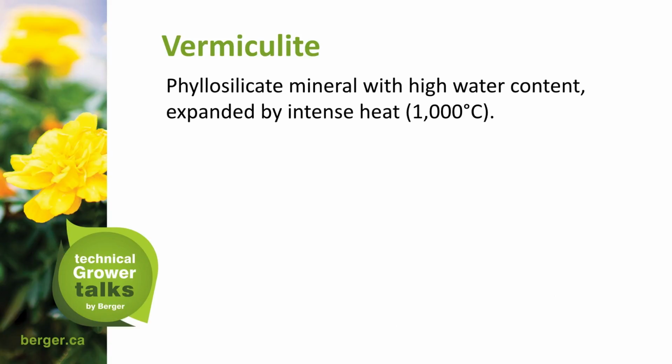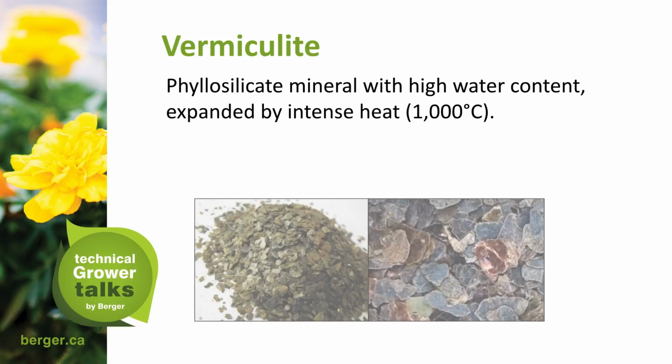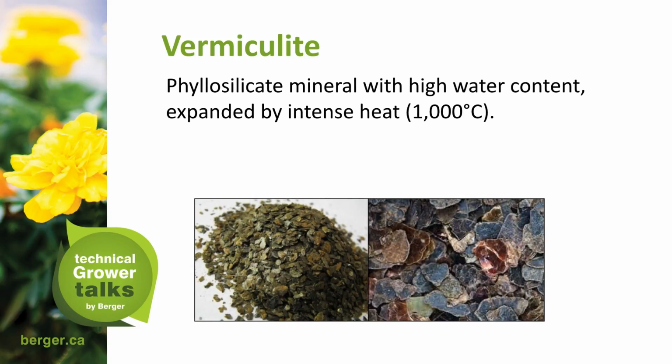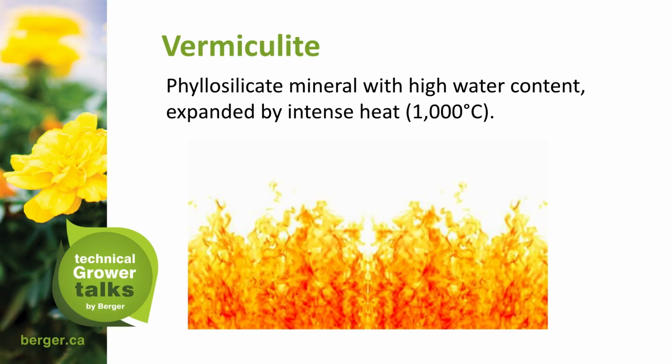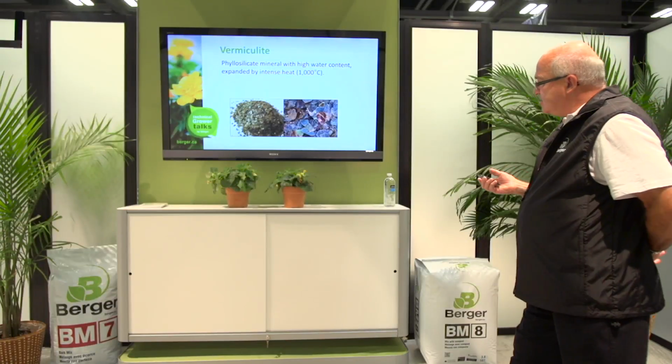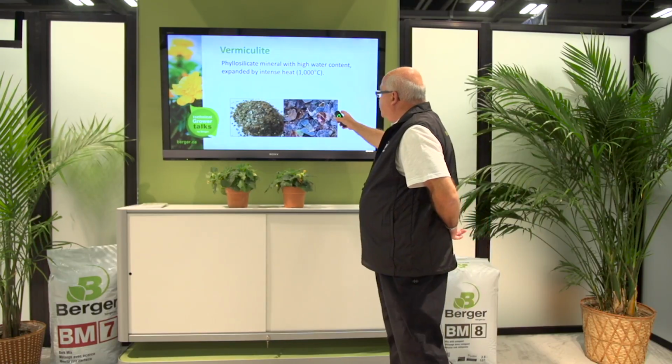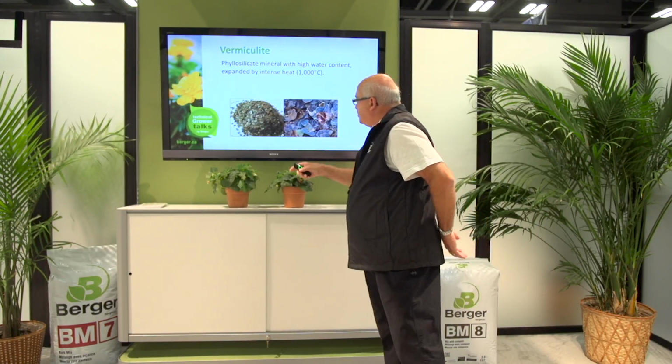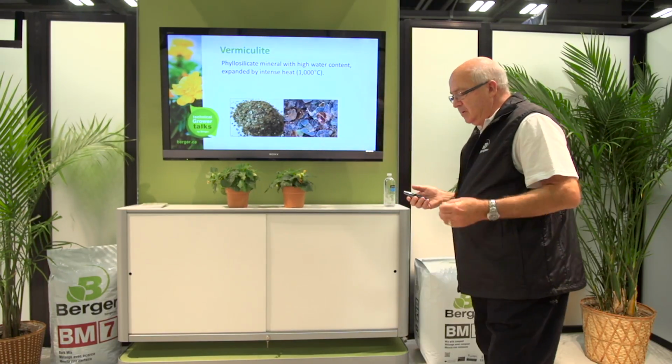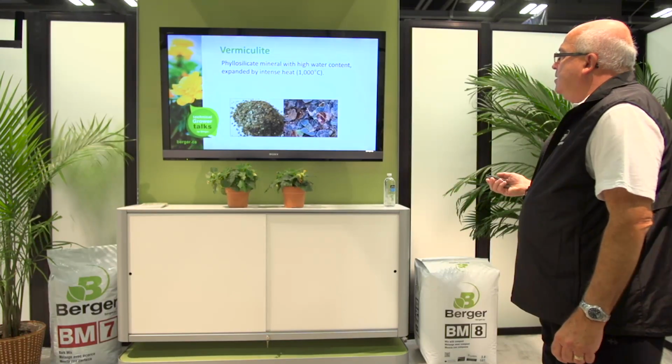Vermiculite: silicate mineral with high water content, again expanded by heat. As you can see, the raw material is more of a shale looking type material.